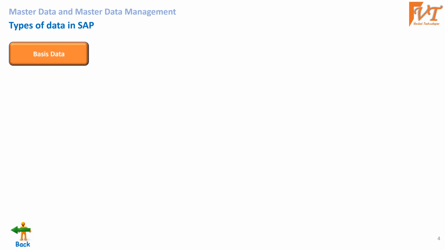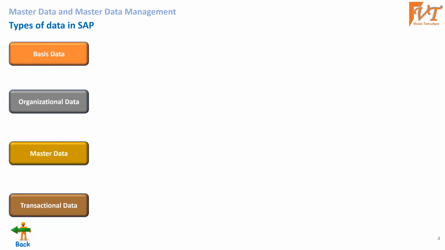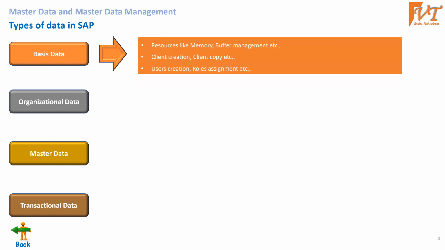So the types of data in SAP: we have basis data, organizational data, master data, and transactional data. What do we consider as basis data? Management of memory buffers, creating clients and client copies, users, their roles, etc. All these are considered basis data.